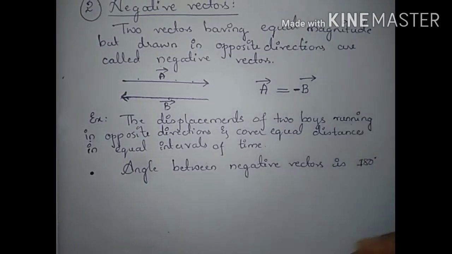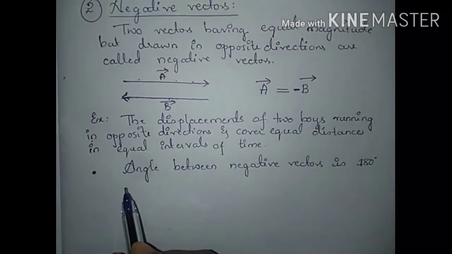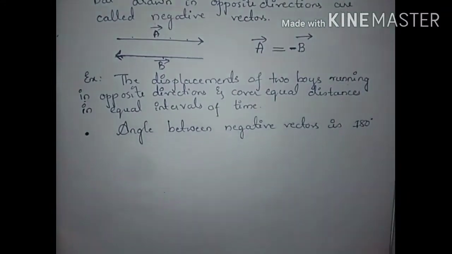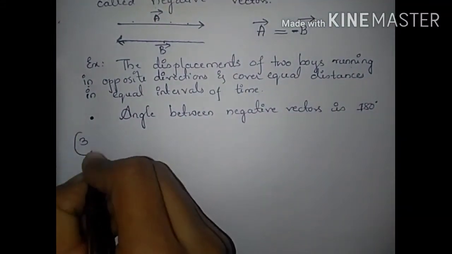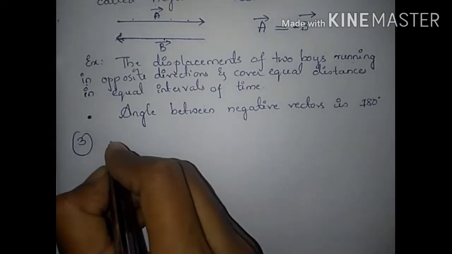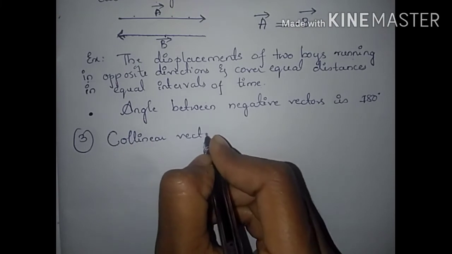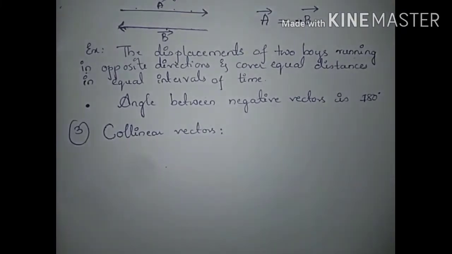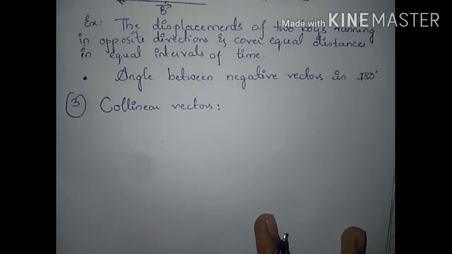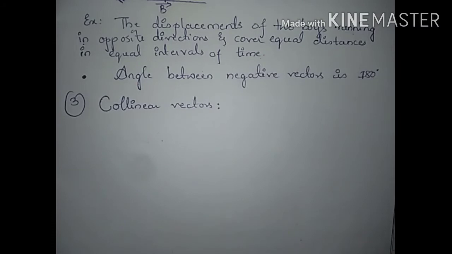If you see from the figure, the angle between these two vectors is 180 degree. Now let us move to the third definition, collinear vectors. If you have two vectors and they have the same direction, then those kinds of vectors are known as collinear vectors.